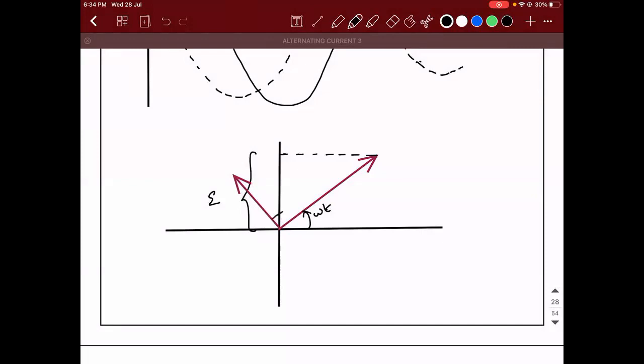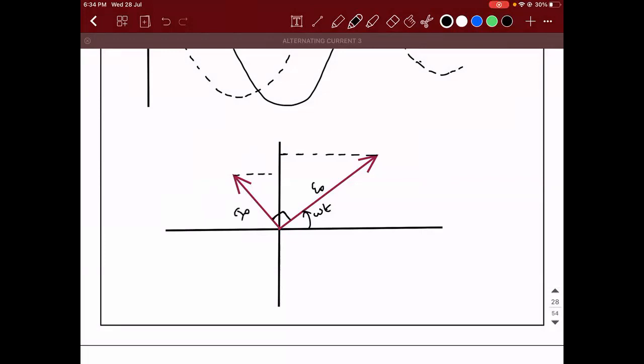To this already existing omega t, there will be an extra distance of pi by 2. So this distance will be E naught and this distance will be I naught.